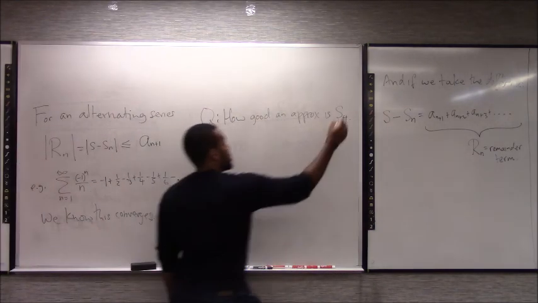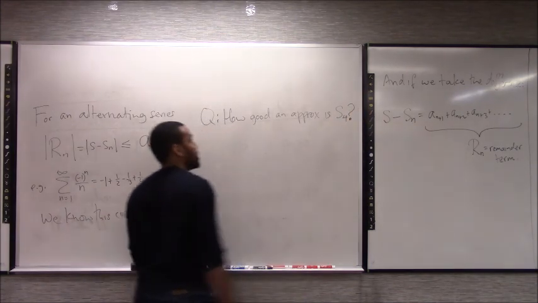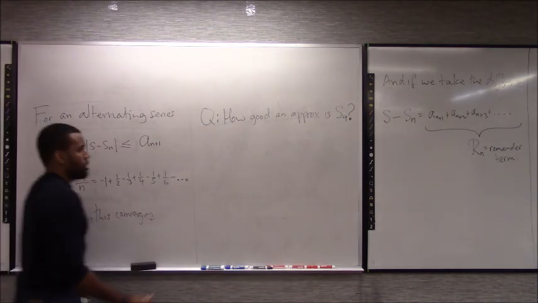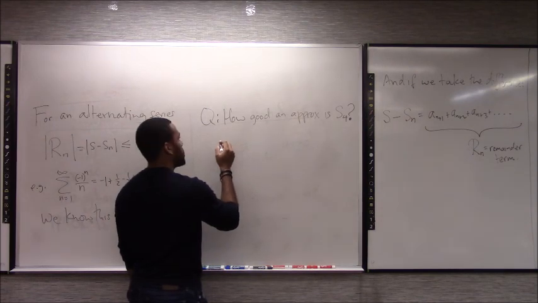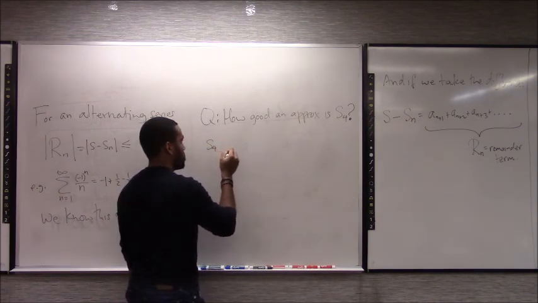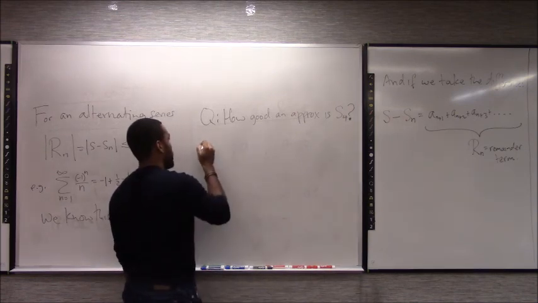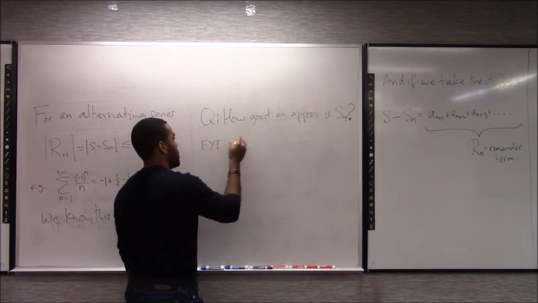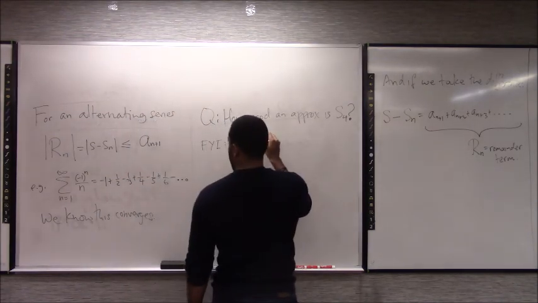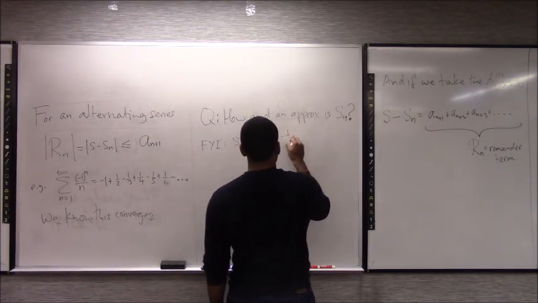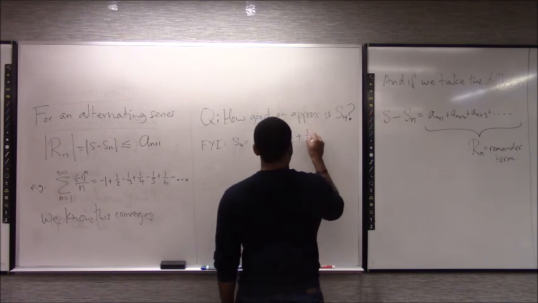So that could be a question I could ask. And the answer will be the following. So S_4, you don't need to say this, but just as an FYI, S_4 is going to be equal to -1 plus a half minus a third plus a quarter.